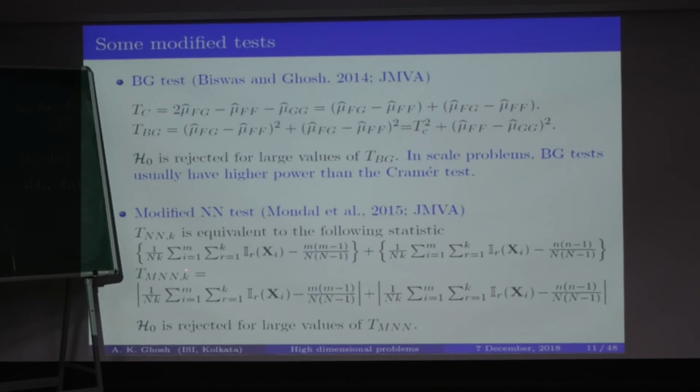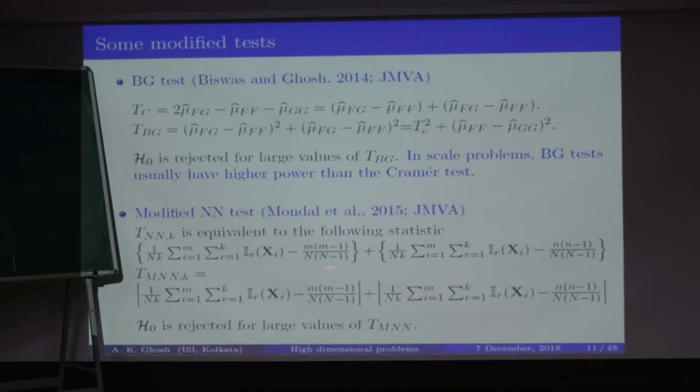What I was doing was rejecting the null hypothesis when this term plus this term is large. So that is equivalent to rejecting the null hypothesis when this term plus this term is large, because what I have subtracted is a function of the sample sizes only. It is not a function of xi. So basically constant. So it is equivalent to use this one.